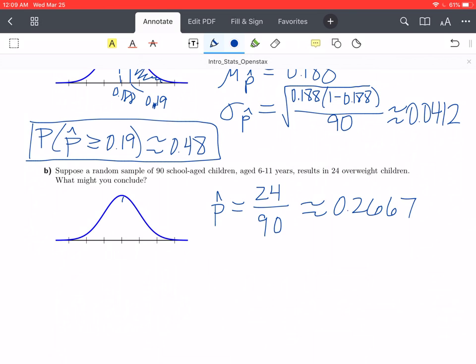So on our curve, our mean of 0.188, and we're looking for the probability of it being greater than 0.2667. Okay, so the probability that p hat is greater than or equal to 0.2667.